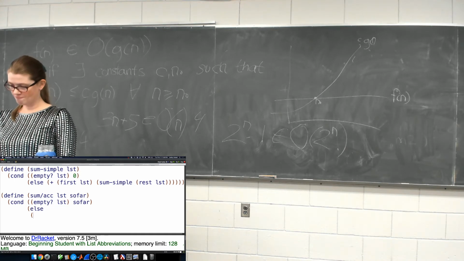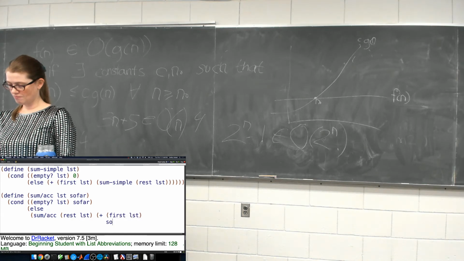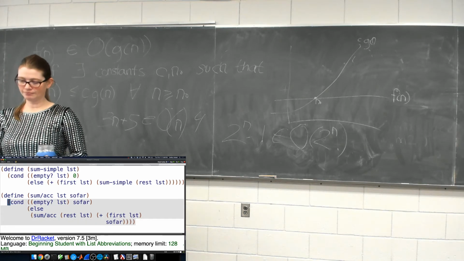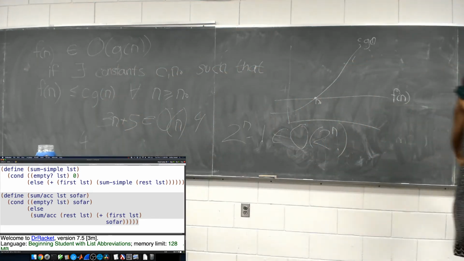Otherwise, in my recursive case, I want to compute the sum of the rest of the list, and I update the accumulator, that which I'm taking with me, my result so far, by adding the first item to the result I've seen so far.